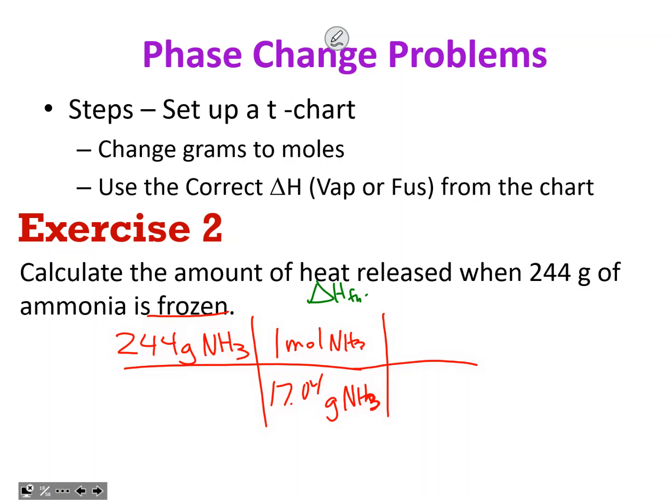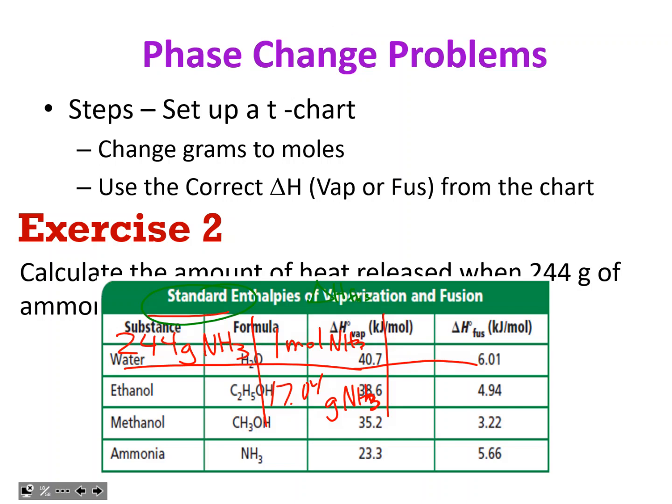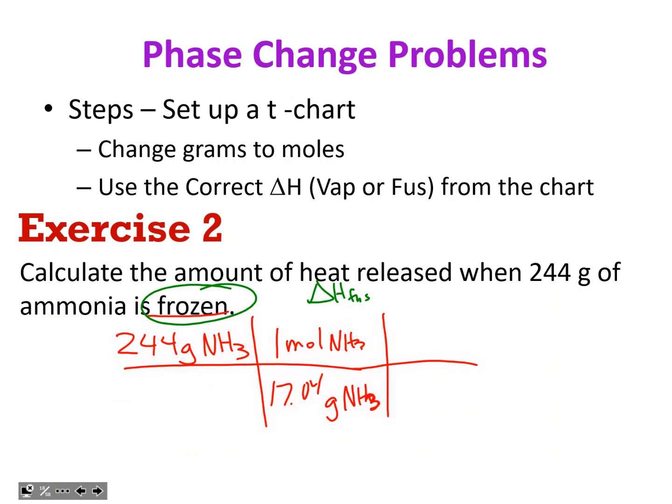I know it's heat of fusion because we're talking about freezing here. And you look at your chart and you find that ammonia is 5.66. That is kilojoules per mole. So if you notice, mole goes down here, then you can go to kilojoules up here. So you can do 5.66 kilojoules per mole. And it nicely sets it up that way so that things will cancel. And you can end up getting your kilojoules here.